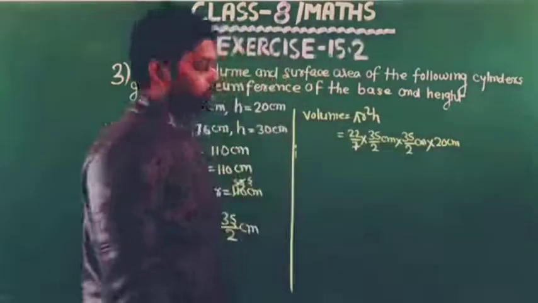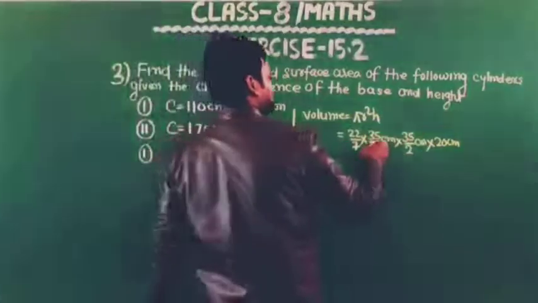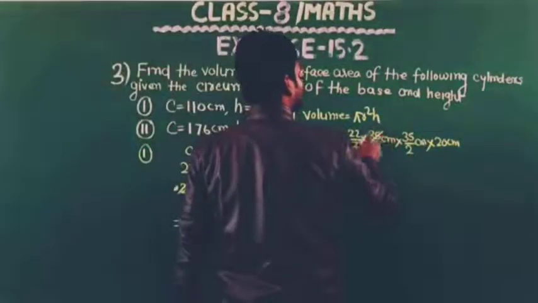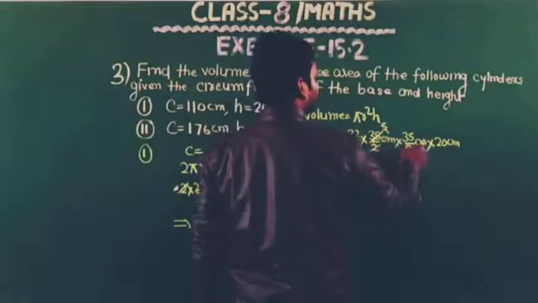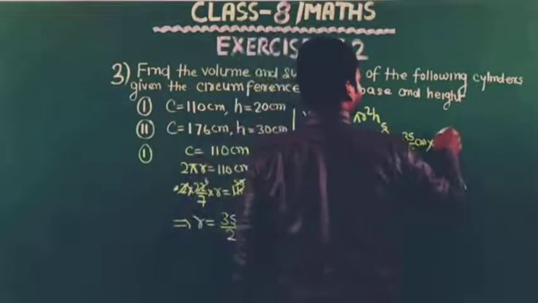Here we can cancel 35 by 7 and 2 to the 4, 4 times 20.